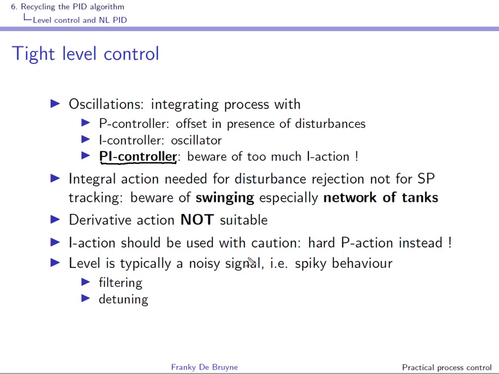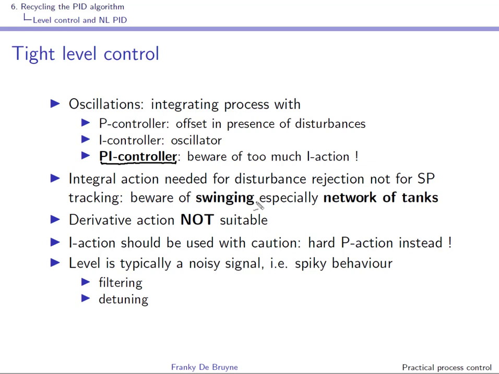If you have a presence of a disturbance in the system at the input of the system, this will lead into a steady state error, right? Of course, an I controller is completely out of the picture because you would have two integrators in series and then you close the loop. This is the perfect oscillator. So you'll use, as I said, a PI controller with not too much integral action.